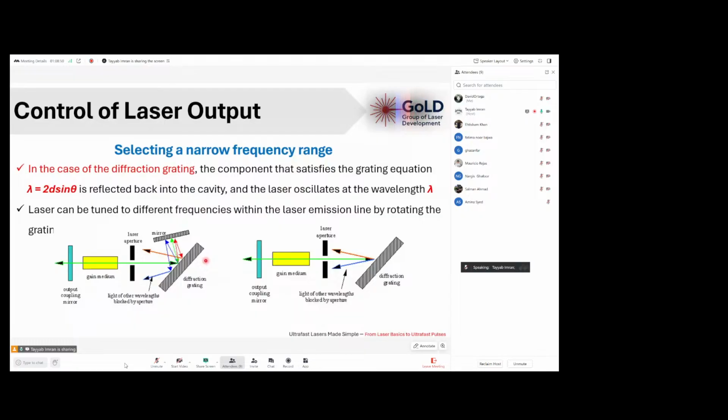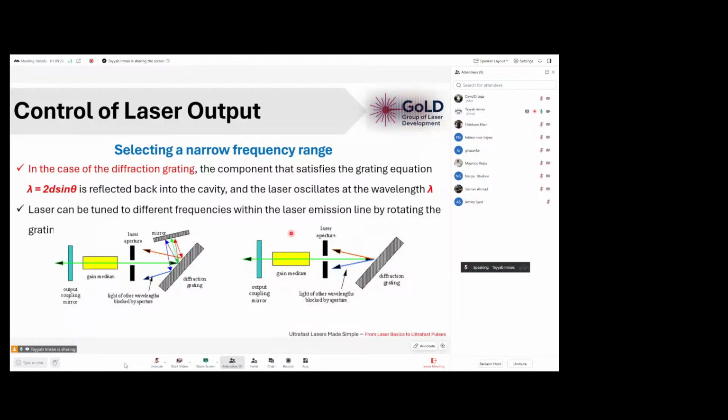Anyway, we are using it here to control the laser output, and we can just rotate it. According to this formula, we can find out which lambda we get at which angle. If we rotate, that wavelength will be amplified inside the cavity, and we get it at the output. Two possibilities: to use a mirror here, and the other possibility to directly reflect from the grating.